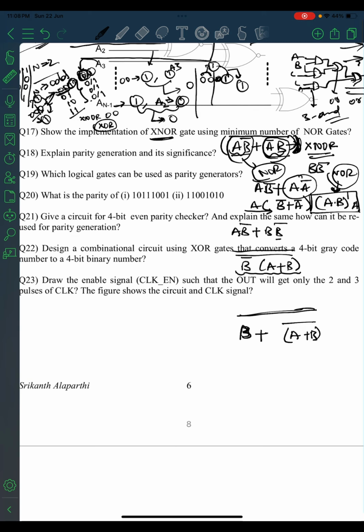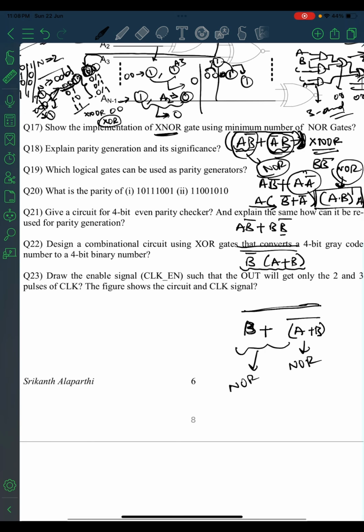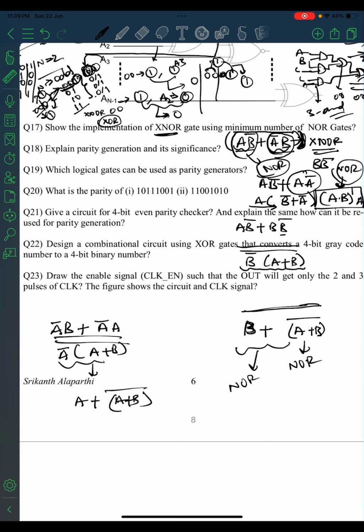If you look over here carefully, this is a NOR gate and this entire thing is a NOR gate. This is what our job is. We need to do this simple thing. Now A bar B. Similarly, we need to do A bar. A bar is complemented, separated. By the distribution theorem, A plus B will be there. What we can do is double complement, A plus B whole bar and whole bar.